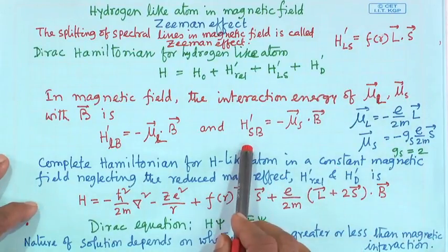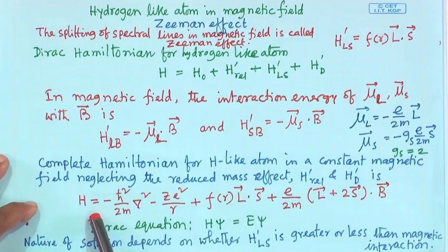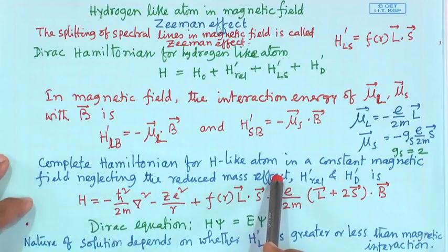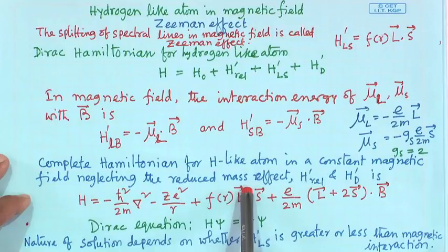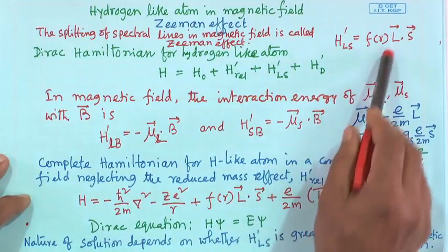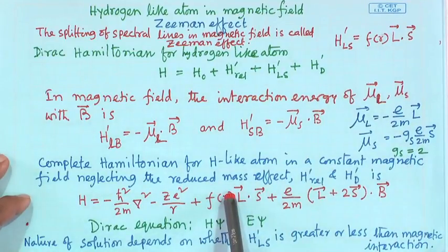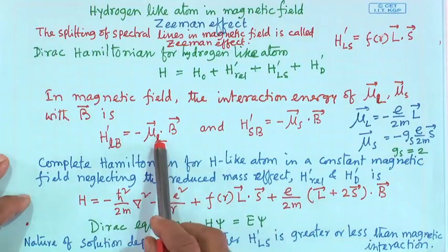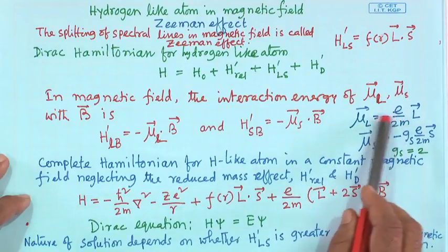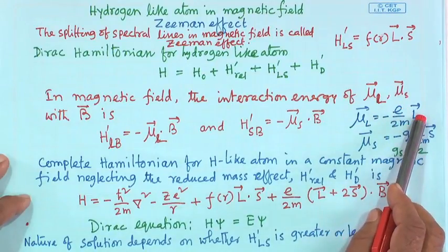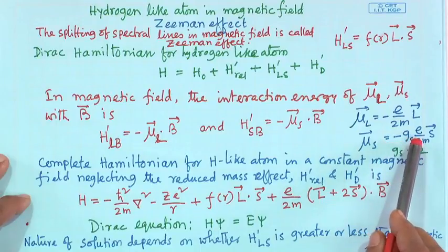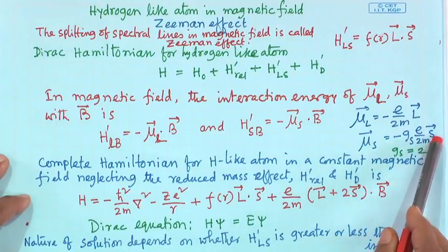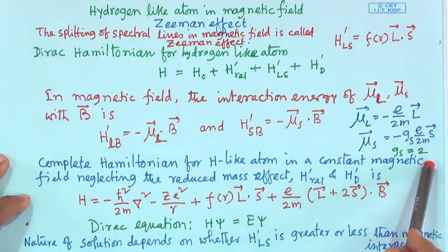So the total Hamiltonian for a hydrogen-like atom in a constant magnetic field will be this H0, plus the LS coupling term, which we kept, and then the magnetic term. You know mu L equals minus e by 2m L, and mu S equals minus g_S e by 2m S, with g_S equal to 2.